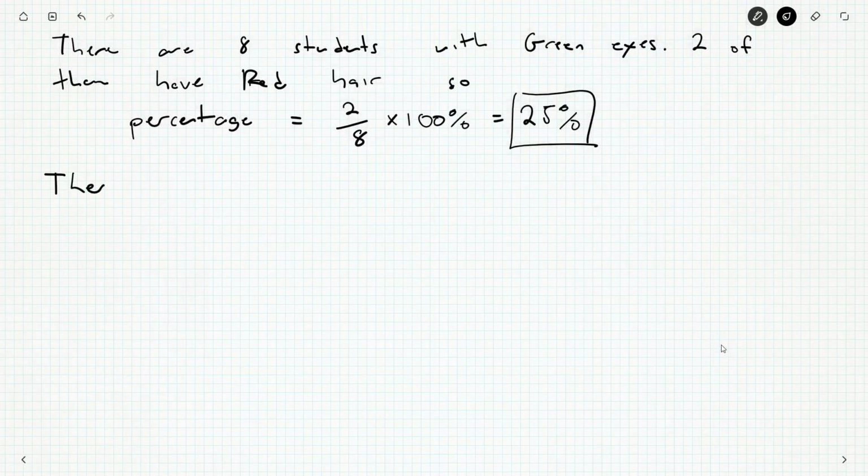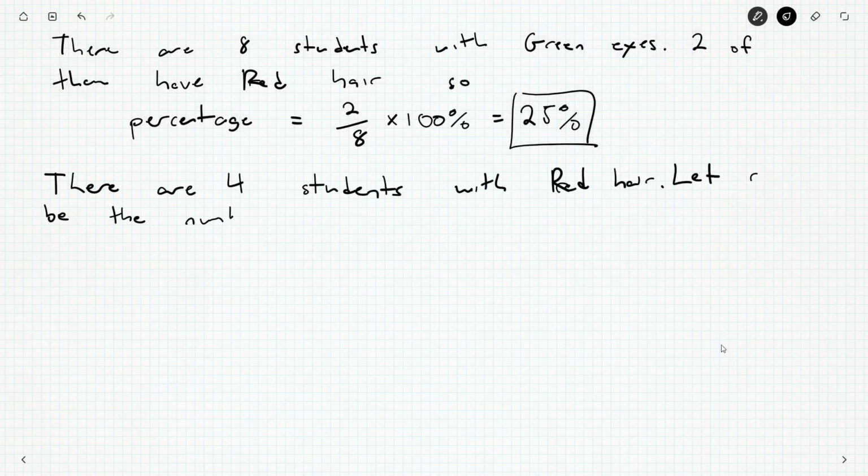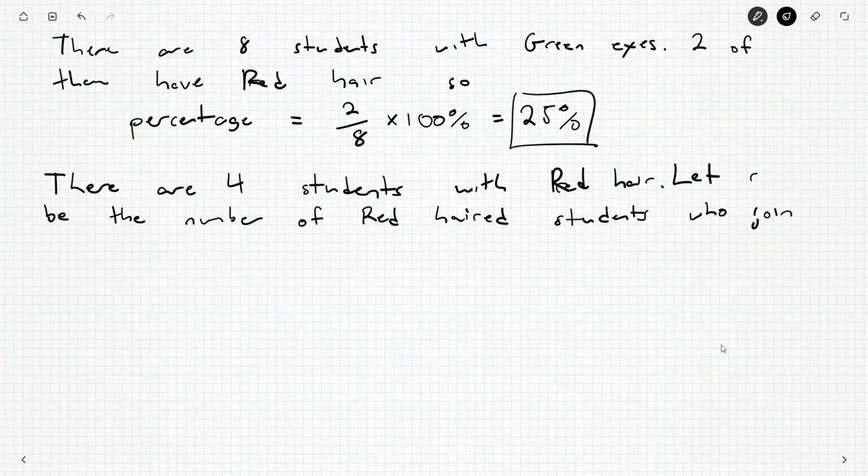So I might say something like there are 4 students, 1 plus 2 plus 1, with red hair. Let little r be the number of red-haired students who join the class.